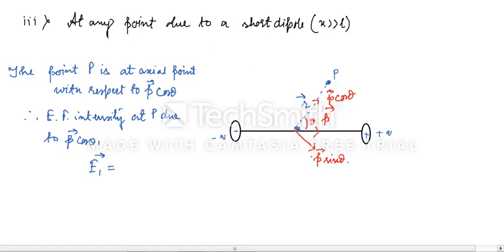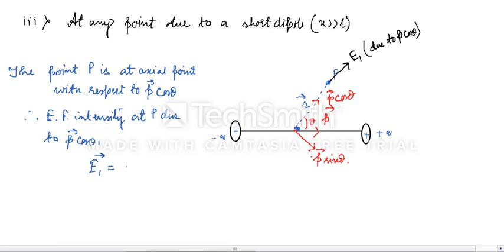What will be the direction of the electric field? The electric field will always be directed towards the dipole moment in the axial case. So the direction of the electric field will be like this, E1. This E1 is due to P cos theta.